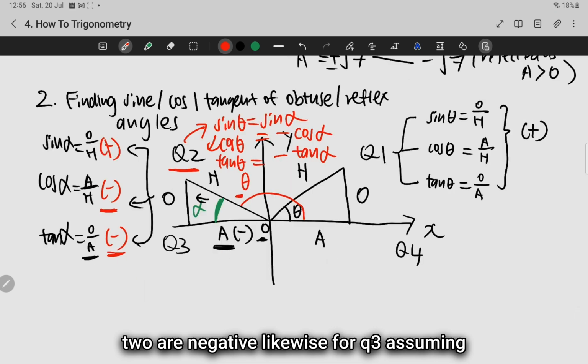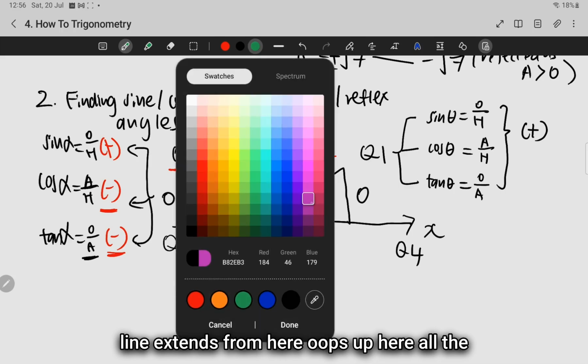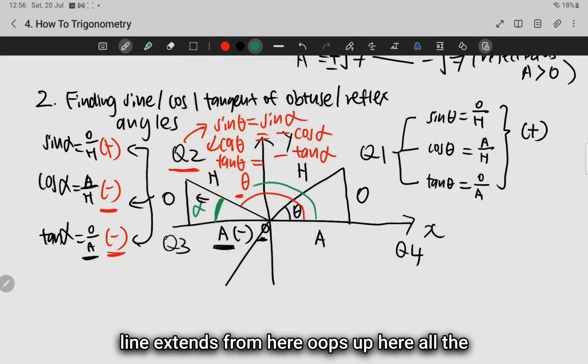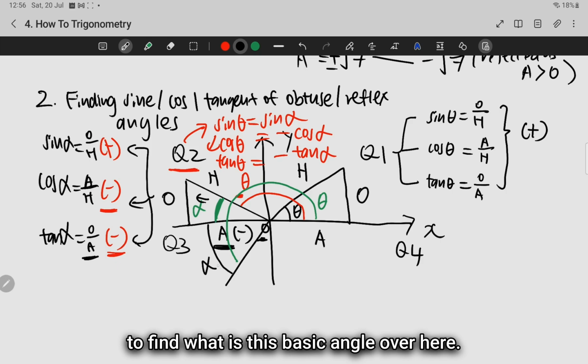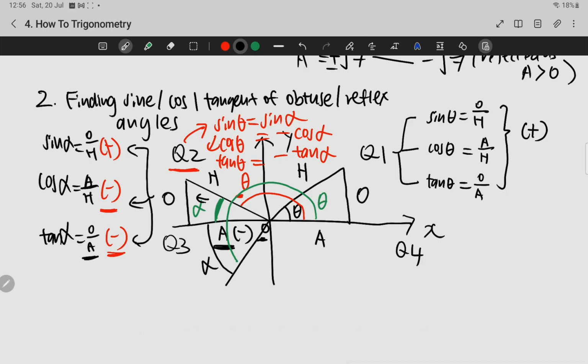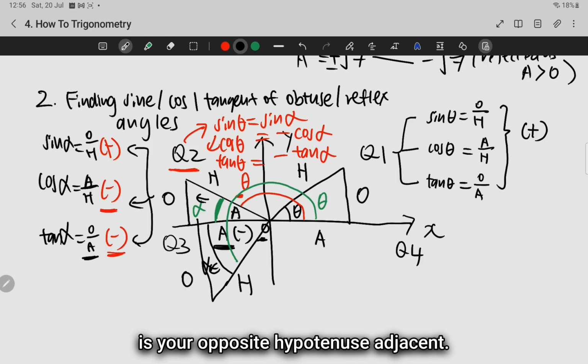Likewise for Q3, assuming now we have another line over here, and this line extends from here all the way until here. So this is your theta, and in order to find what your theta is, we need to find this basic angle over here. And this basic angle is your opposite, hypotenuse, adjacent.